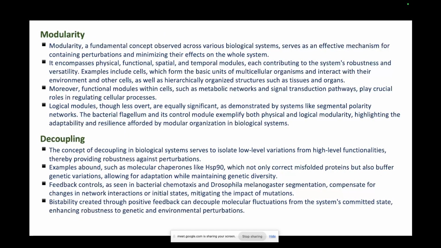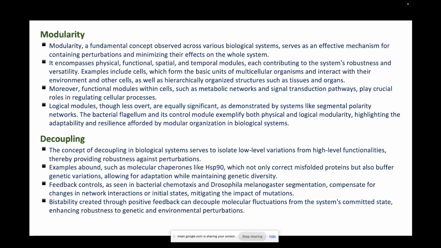Okay, and finally, we talked about modularity in terms of graph theory, but modularity in biological systems means that you have modules that are specialized. Basically, you have divided up the whole network into modules, which serve as an effective mechanism for containing perturbations and minimizing their effects on the whole system.